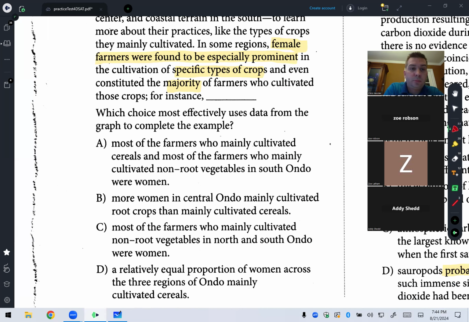So no for the cereals, yes for the non-root vegetables. So if something is true and false, it's false. A is out. They both have to be true.